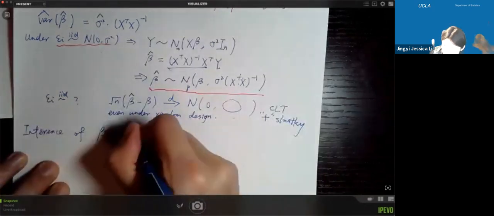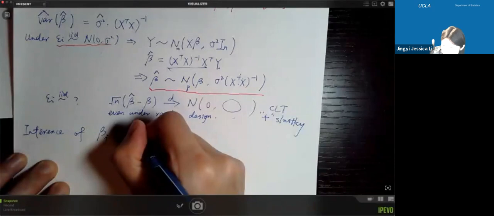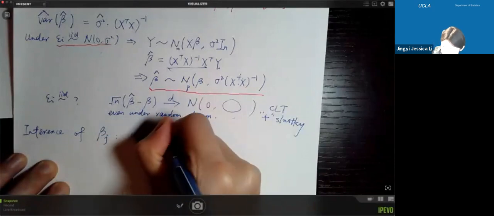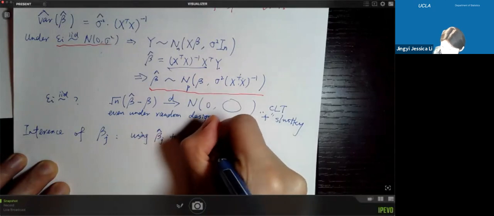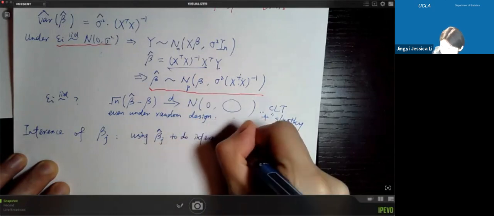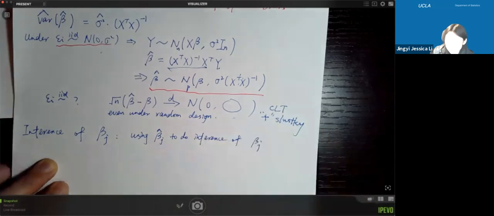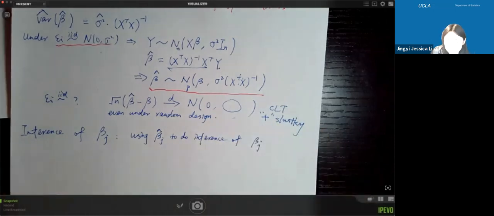So this means using beta j hat to do inference of beta j. In statistical inference, it's not sufficient to just say, okay, beta hat j is our estimate, because it's just a point estimate, just one value. We want to say something about its uncertainty so we can know better about beta j.